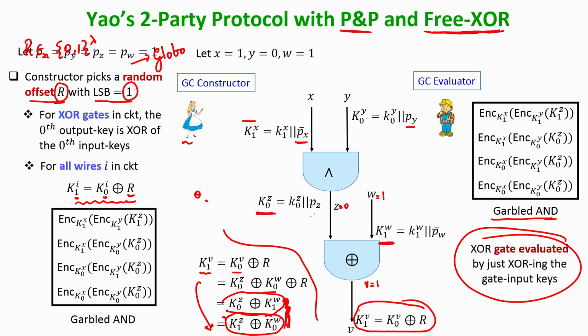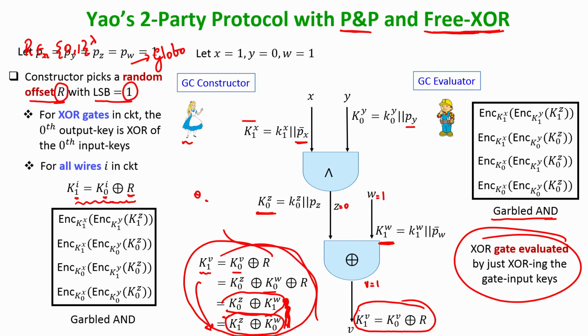But if we have a 0 key over one of the input wires and a 1 key over the other input wire, then even by XORing them he will obtain the key corresponding to the value 1 over the output wire, because of the relationship that is maintained at the time of garbling the wires.